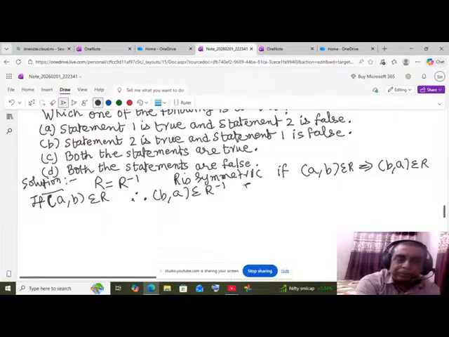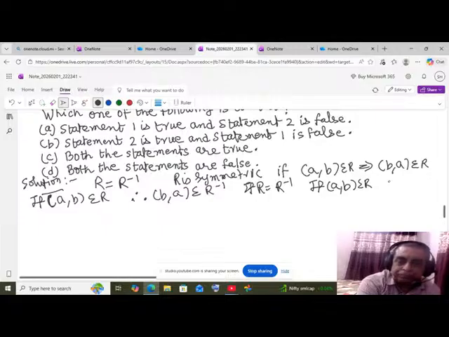So if AB is an element of R, therefore BA is an element of R inverse.